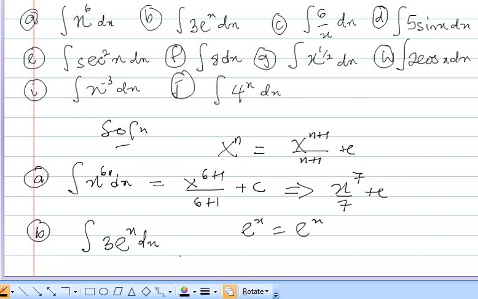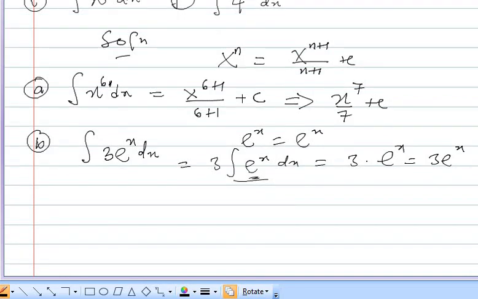So we can move the 3 out, giving 3 times the integral of exponential of x dx. The integral of exponential of x is the same, so we have 3 times exponential of x, which is 3 exponential of x.